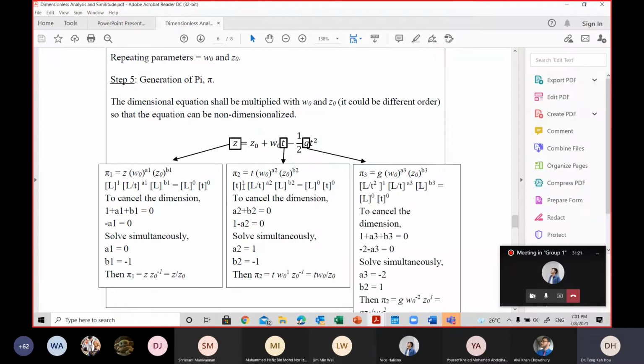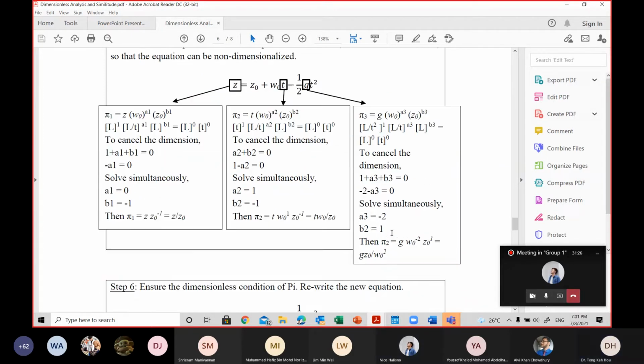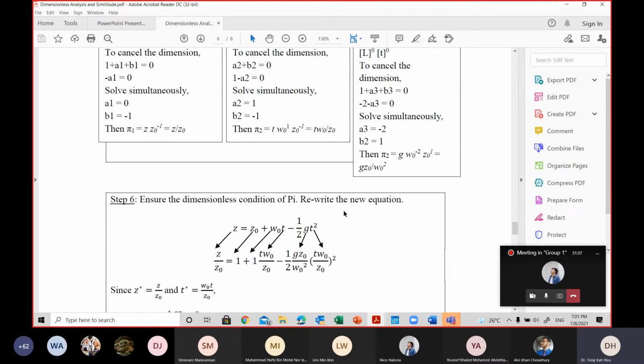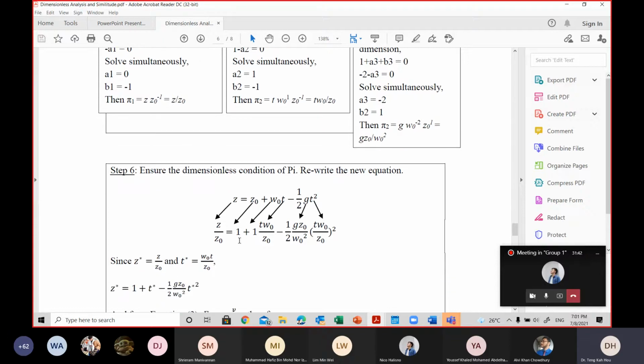The tricky part would be, once you're able to come up with this process, in fact, you're almost done, because you will get your pi 1, pi 2, and pi 3 for all the dimensionless conditions, right? Step 6 is to put everything in. So the question comes in: how do I know I can put it in this way?